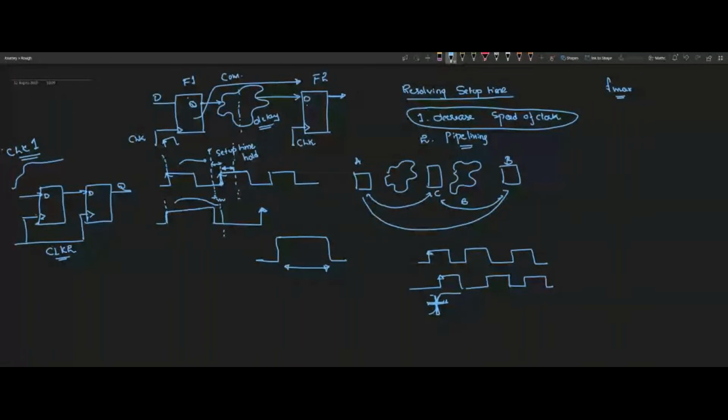When you run the timing simulation, you are validating the functionality. You are not bothered about whether setup time is met or hold time is met, but whether all the corner cases of my functionality are working fine or not. That mechanism we call dynamic timing analysis.